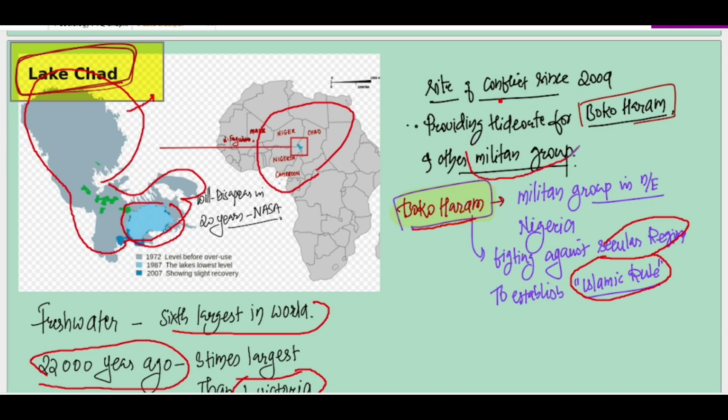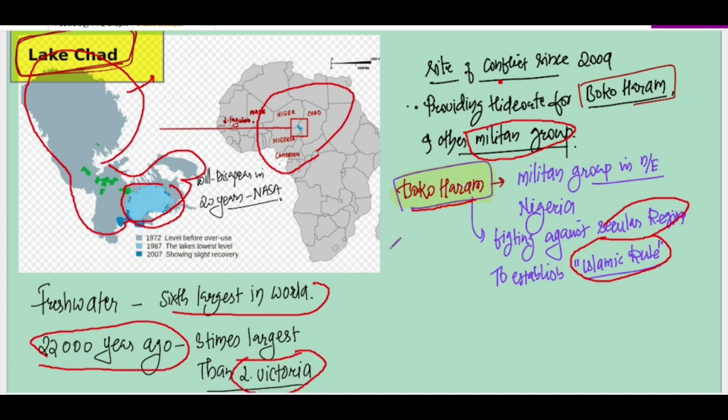Because of that it is difficult to track them down and eliminate them, right? So remember, NASA says that if the current rate of recession continues, in the next 20 years this lake will disappear. So this was about Lake Chad in Africa.